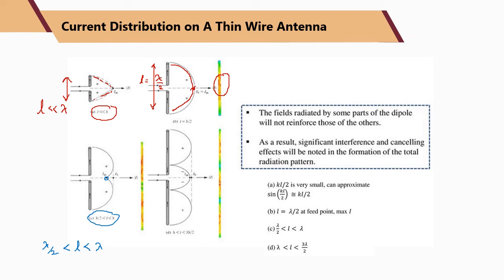And the last one, when L is larger than lambda and less than 3 lambda over 2, we see an additional wave introduced in between the upper and the bottom arm.